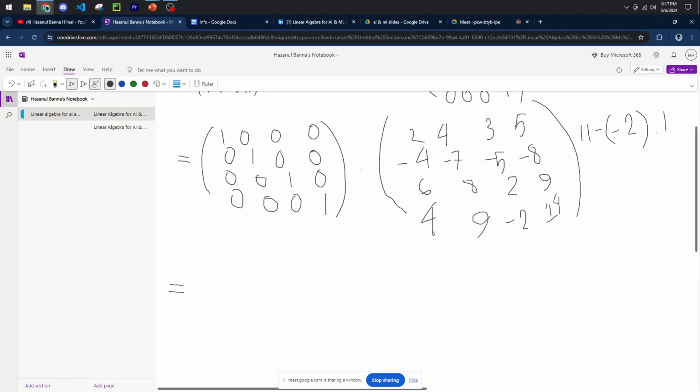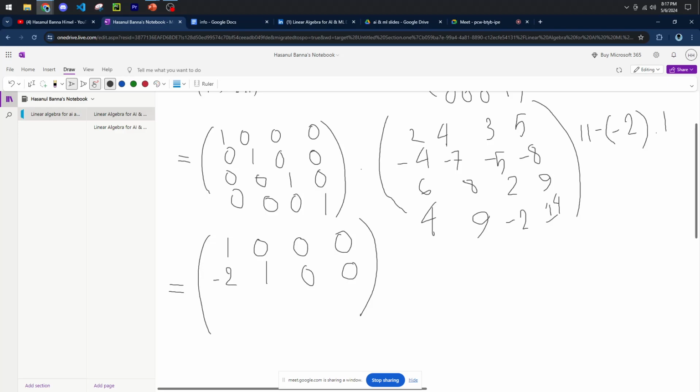And the digits will be present here equivalently. We got 1 0 0 0. Here we got -2 and 1 0 0.